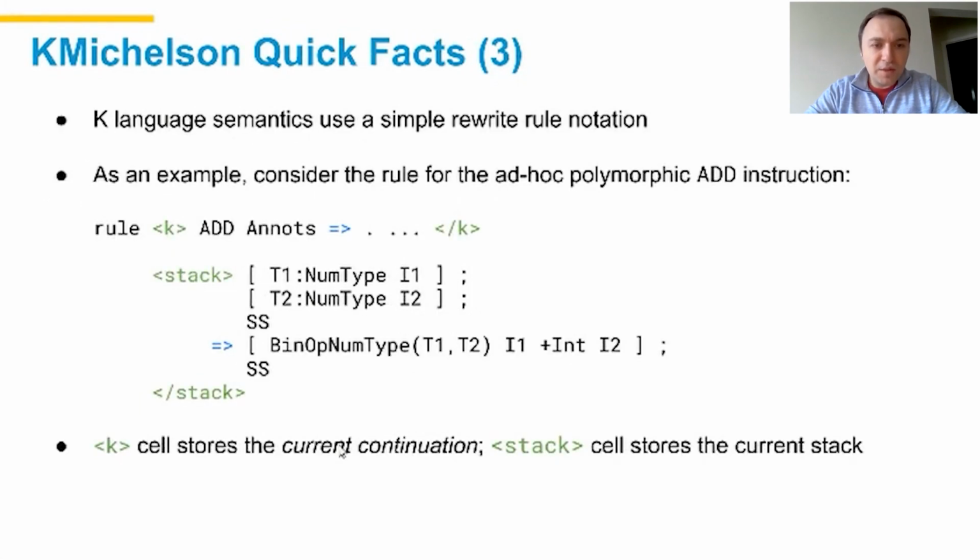Yeah, just another quick facts page. Everett is already talking about this, so maybe this won't be as interesting for us, but I was going to show you an example rule from the semantics. So you have the add rule. This is just add from Michelson that you know and love. As you know, there are annotations in Michelson.